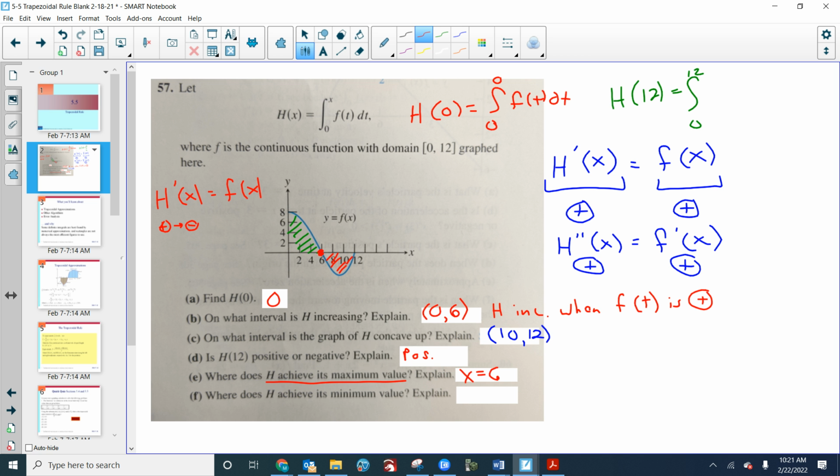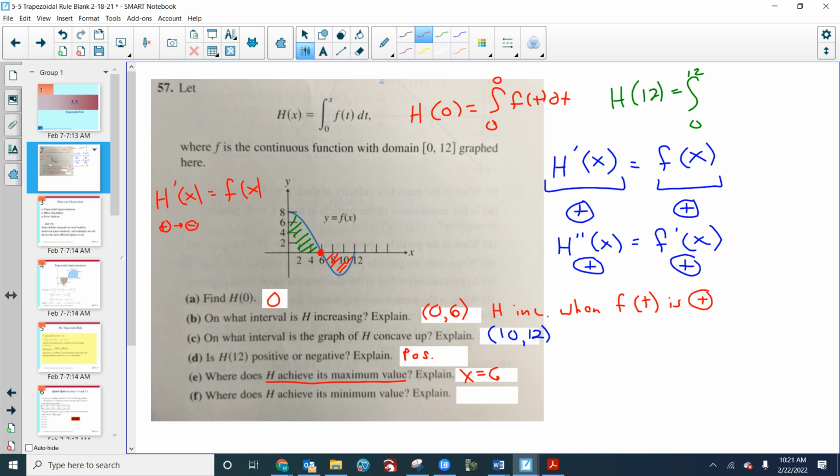And then what did h do after 0? Did h go up or h go down? H went up from 0, correct? Because it started taking on positive area. Now, how about at the endpoint? How about at 12? Was h decreasing into the endpoint or increasing? H was decreasing into the endpoint, so that makes h of 12 a minimum.